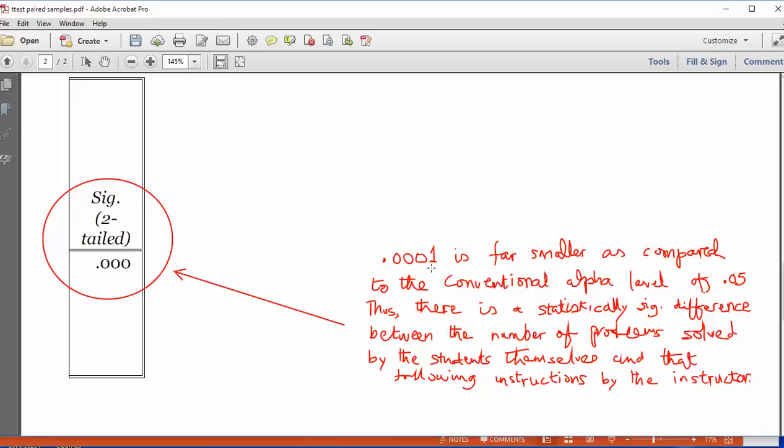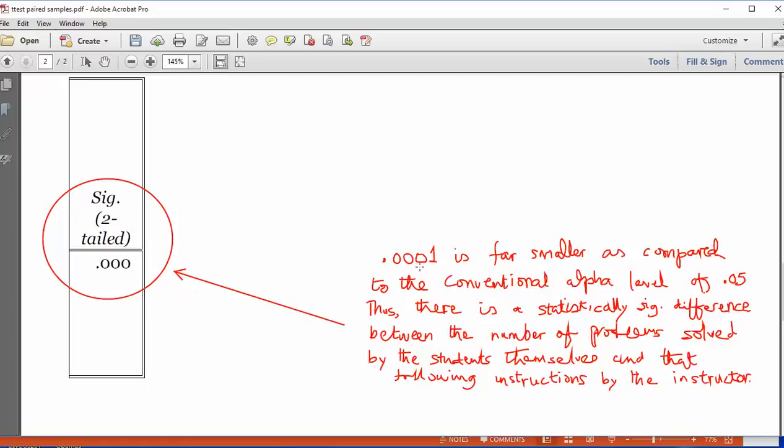So I have written here 0.0001. And typically when such analyses that are very significant are produced by your software, whether PSPP or SPSS, the last digit is left out by the software. So you have to put it in there, and it's 1.